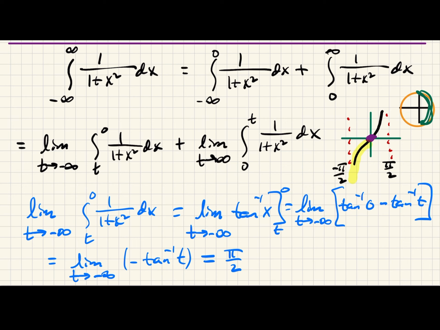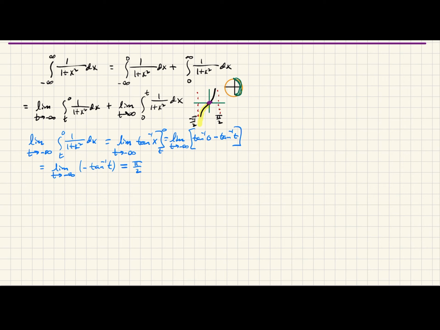Well, we got that part. That's convergent. That's pretty cool. So let's look at the rest of it. Now let's look at the limit as t goes off to positive infinity, integral 0 to t, 1 over 1 plus x squared dx. That's still inverse tangent.